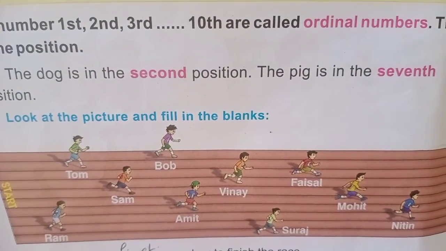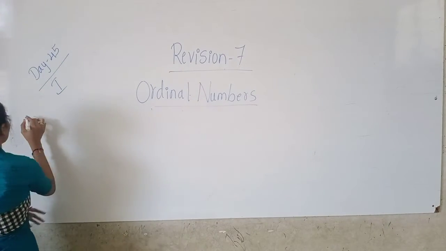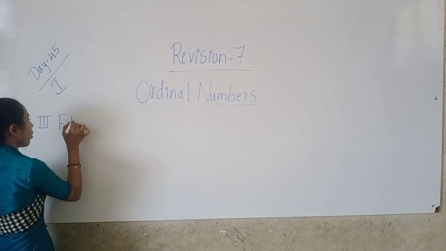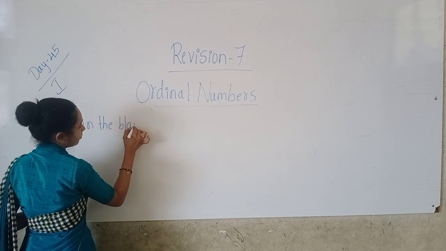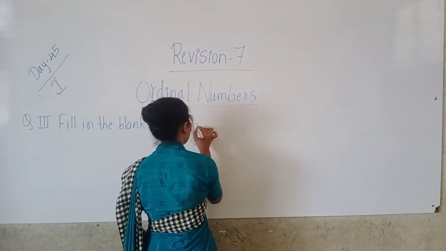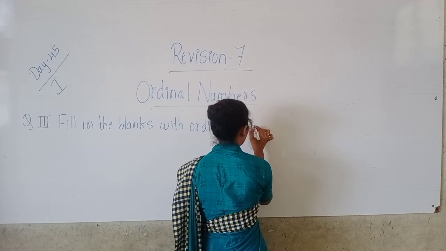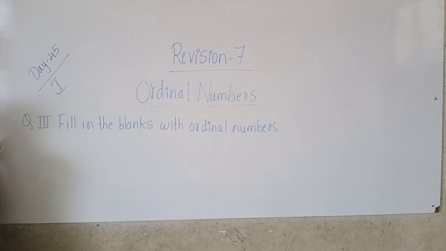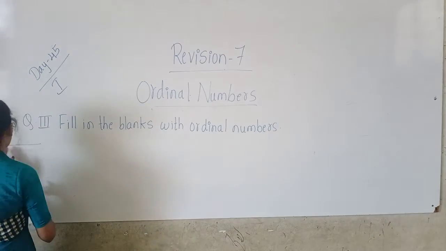Okay children, let us write these questions on the board. Question number three. Fill in the blanks with ordinal numbers. Okay children, so the first one is, Nitin is the dash boy to finish the race.